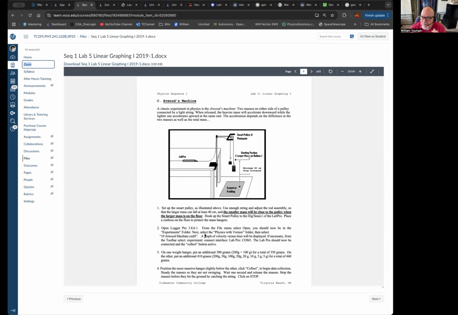So one difference would be 250 and 250. That obviously is a difference of zero, so you'd expect no acceleration on that. And you would put that in as a data point where your difference is plotted, let's say on the horizontal axis, and the actual acceleration is plotted on the vertical axis.